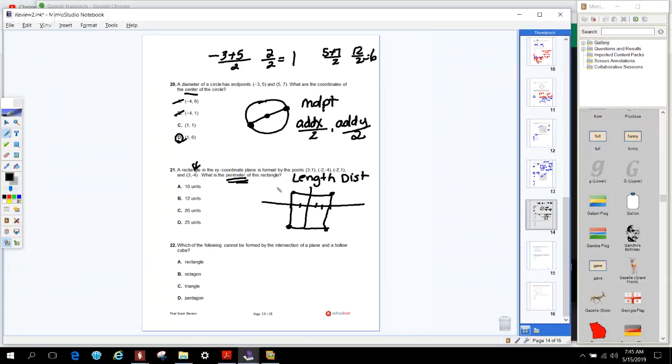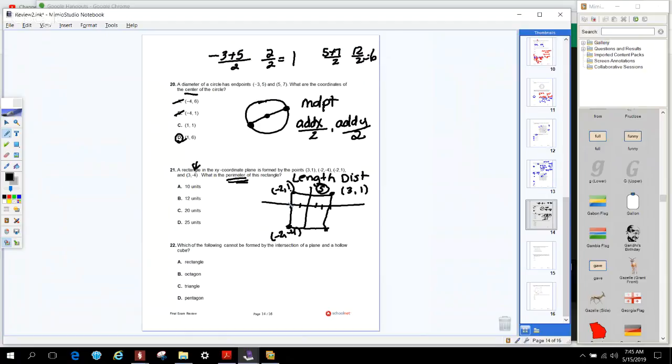So we know we have to go from -2, +1, over to +3, +1. You can do distance formula, but because the y's are the same, it's just easier to add it. How do you get from -2 to +3? You add 5. Here it says -2, +1. This is -2, -4.